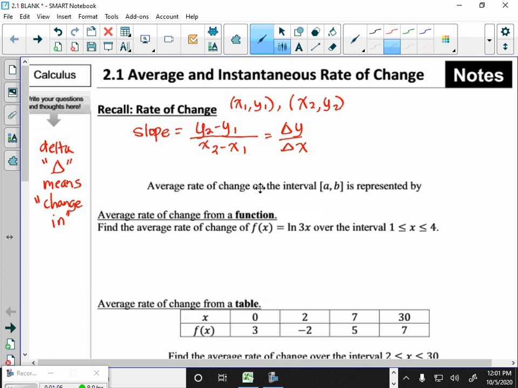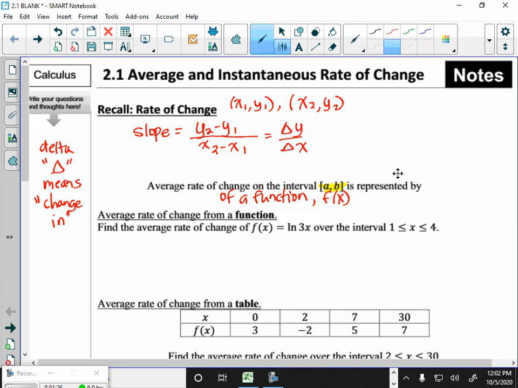Now, you might have the average change of a function, f of x, on this interval, AB. So that's really important, is to see that this is on this interval, AB.